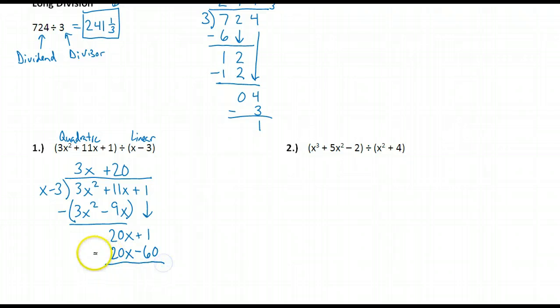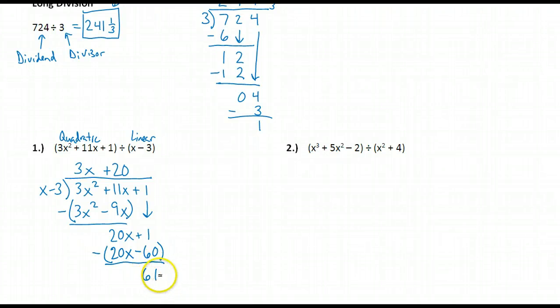And then I want to subtract, but I need to subtract my entire polynomial, so I'm going to use parentheses. 20x minus 20x cancels out. 1 minus negative 60 gives me positive 61. If you look, I'm never going to make this x look like 61. X won't go into 61 because there are no x's here. So 61 is my remainder.